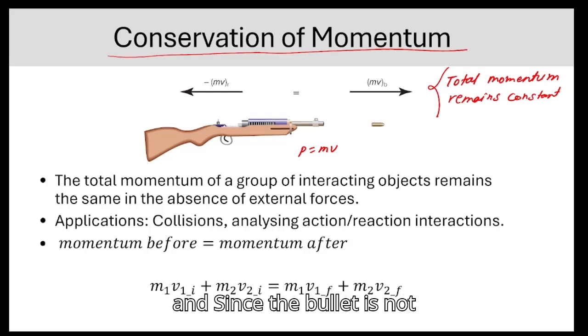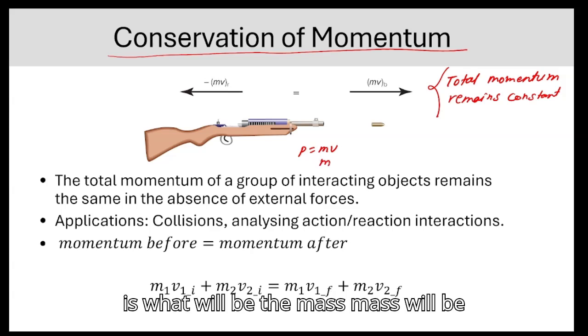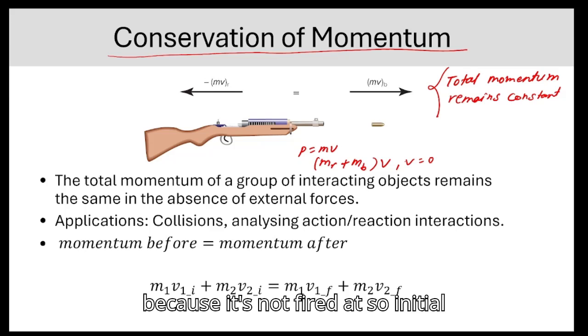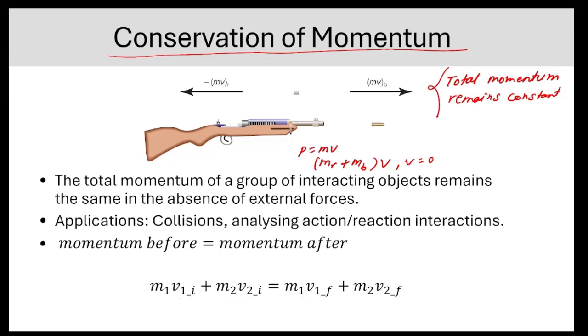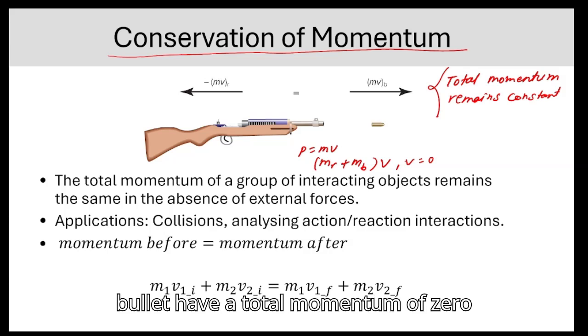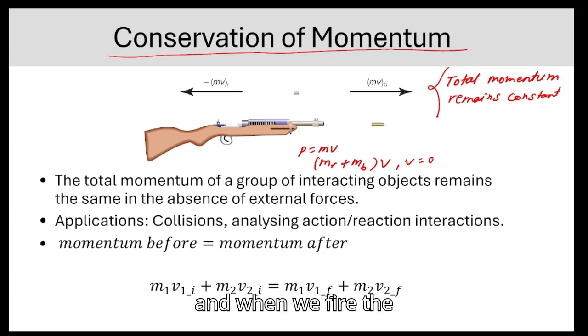Since the bullet is not fired yet, the mass will be the mass of the rifle plus the mass of the bullet, and the velocity is 0 because it's not fired yet. So before being fired, the rifle and the bullet have a total momentum of 0.